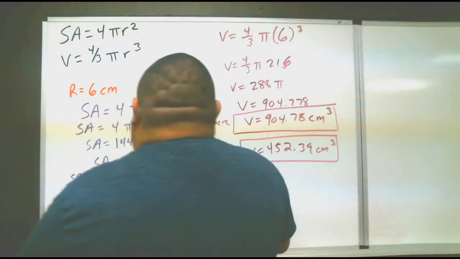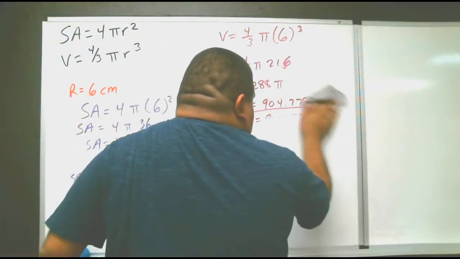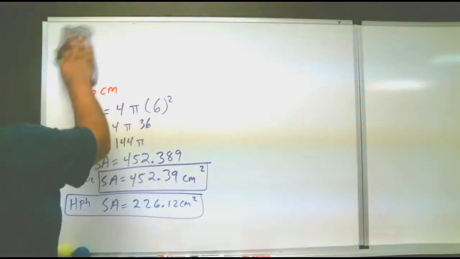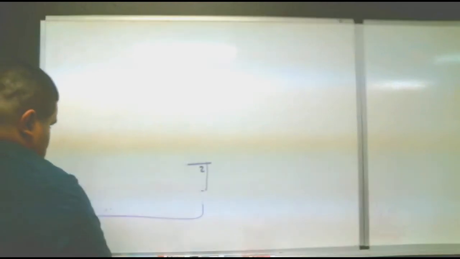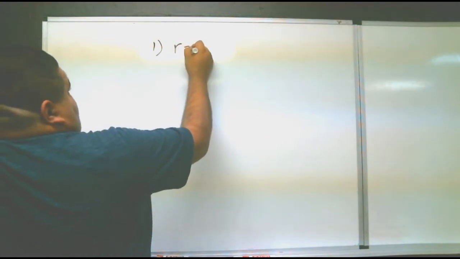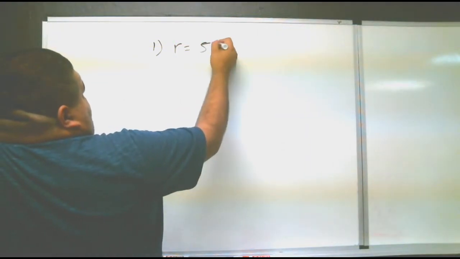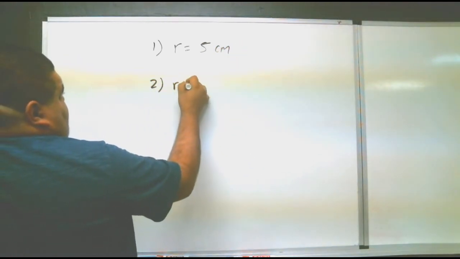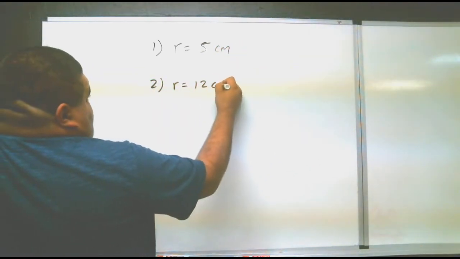All right, guys, here's your assignment for today. For the first one, your radius is going to be 5 centimeters. For your second one, your radius is going to be 12 centimeters.